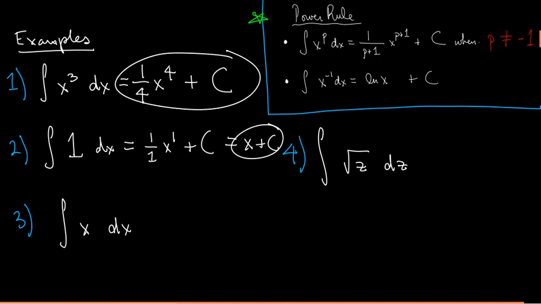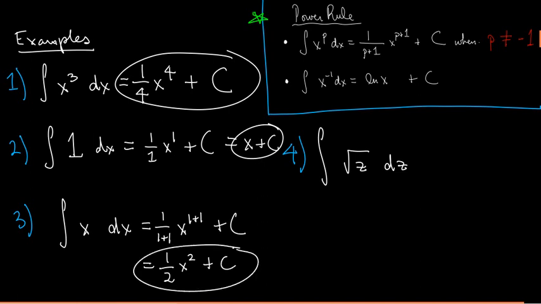For the third example, you have the function x. So what's the power? The power is 1. So when you integrate it, you get 1 over the power plus 1, 1 plus 1, and then x to the 1 plus 1. And then, of course, the constant of integration. And so you get 1/2 x squared plus c. And finally, let's look at the integral of square root of z.